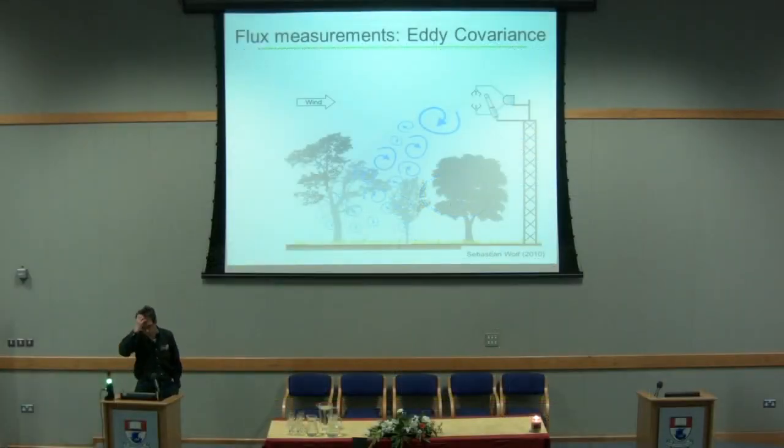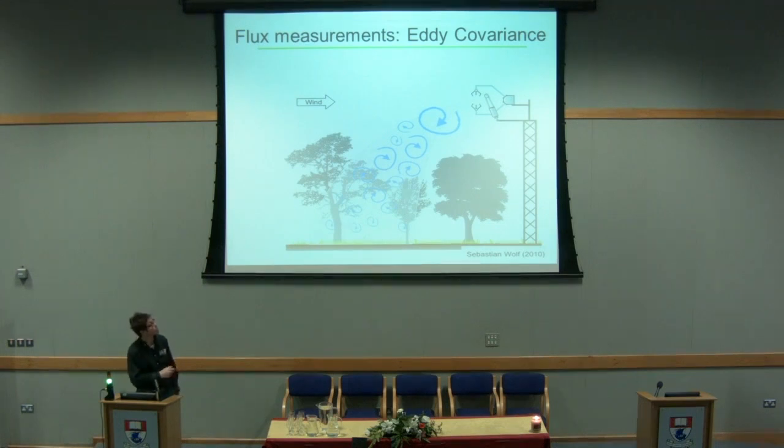So in terms of fluxes at an ecosystem level, what we usually use is the Eddy Covariance technique. The Eddy Covariance system consists of two different types of sensors. We have here on the left a three-dimensional sonic anemometer that measures the wind speed in the three directions.